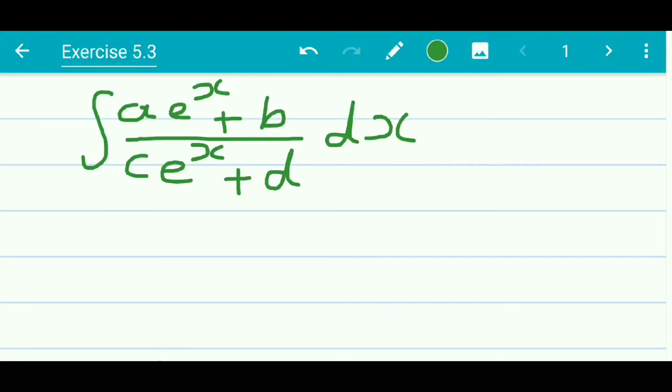Hello students, in this lecture on integration, we start with exercise 5.3 and deal with sums of the form (a e^x + b)/(c e^x + d).